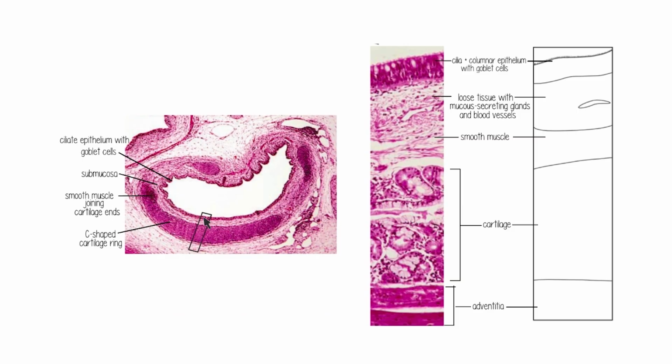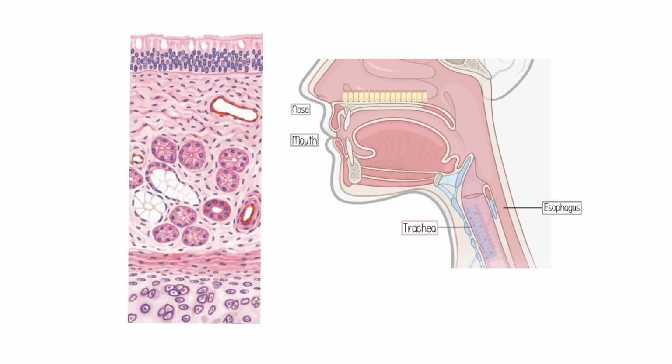Let's now take a look at this layer right here, the mucosa. The mucosa is the layer that's closest to the lumen of the trachea, which is the hollow part of the tube, the inside. And the epithelium of the trachea is one that you're already familiar with, the pseudostratified ciliated columnar epithelium. If you remember, this is the same epithelium we talked about in the lesson on the upper respiratory tract.